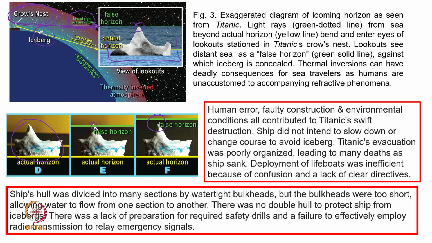So, this is what has been shown here, and the authors have tried to show the kind of looming horizon from the Titanic, and the vision was such that when the camera looked, they found there was no iceberg as such. They also use green dotted and yellow dotted lines. This was green, I have made a kind of violet color, and this is a yellow color, and they found it as a false horizon.